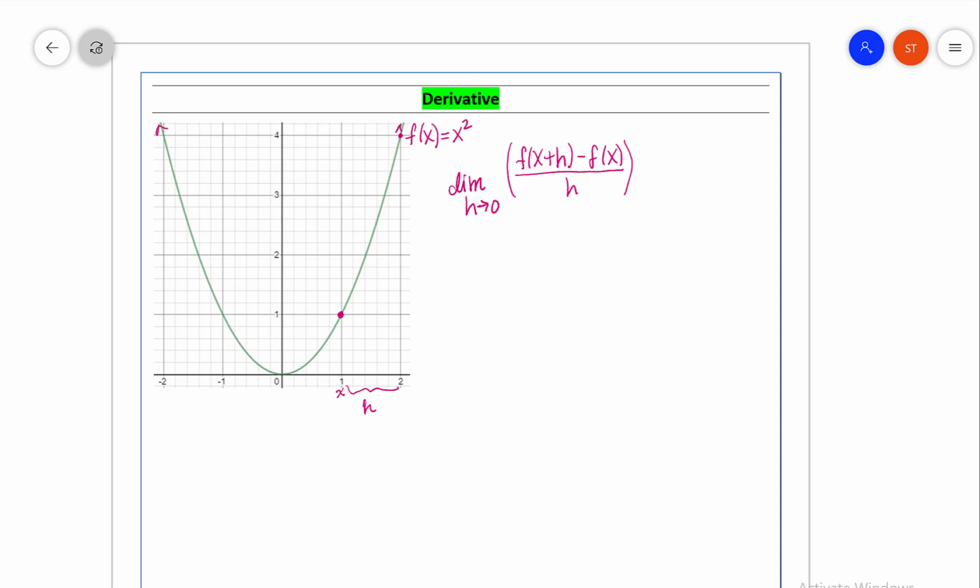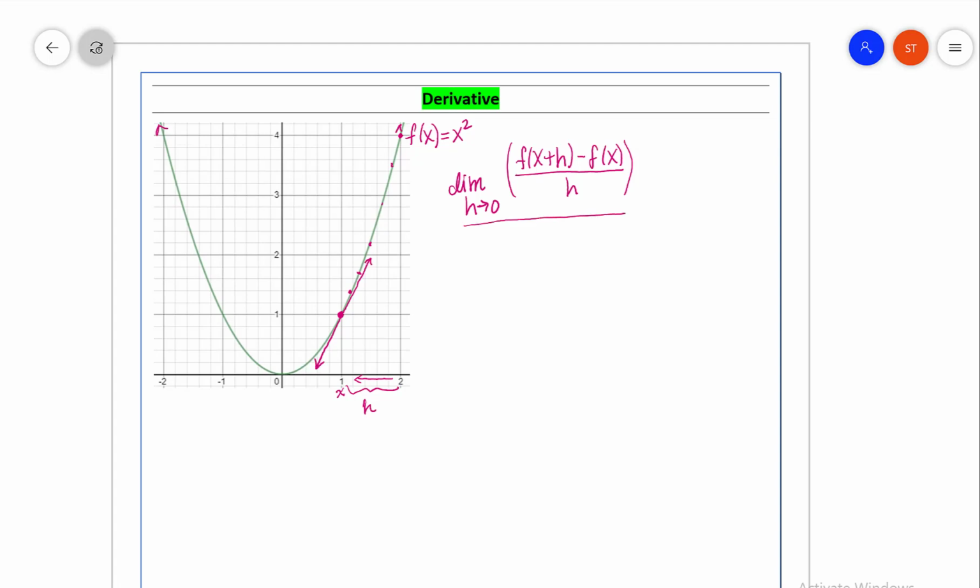As h gets smaller and smaller, we're just going in this way here. This point here would get closer and closer, and you could find all these slopes of lines until we have a slope of a line that's really close to the slope of the tangent line.